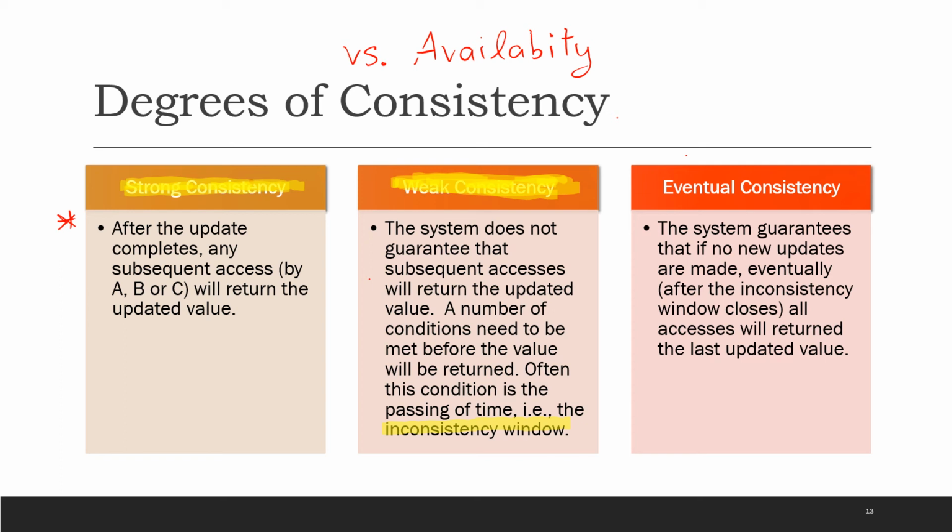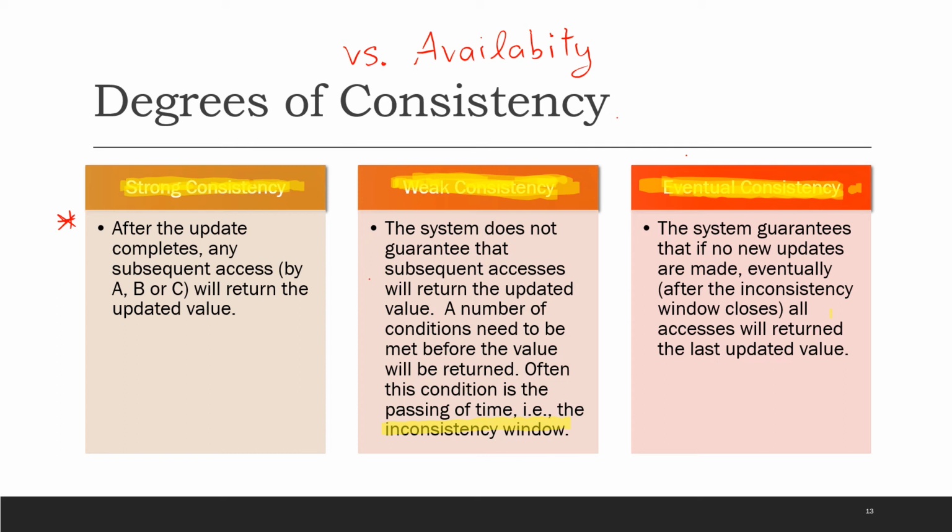Then the next and last one is called eventual consistency. So with the term eventual, we are saying that eventually the system will be updated.